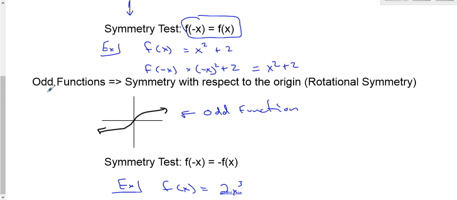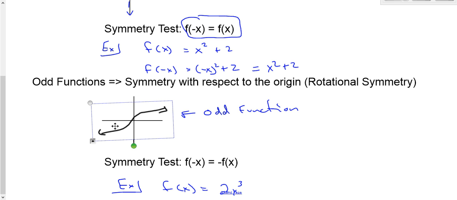When we are talking about odd functions, we have symmetry with respect to the origin, which is also known as rotational symmetry. If you rotate this around, let's see if I could give some kind of example. If I rotate this around, it gives me the same graph.